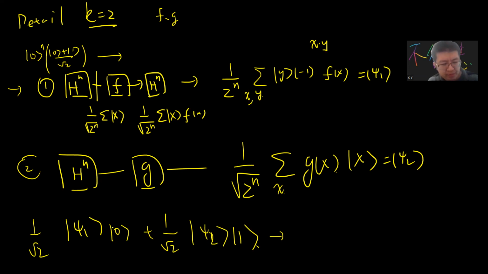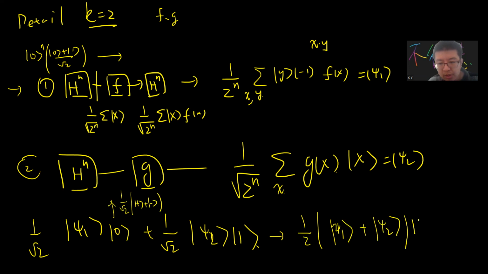So this plus is basically 1 over square root of 2, plus and then minus. So in total you get half of psi 1 plus psi 2 and then plus. Okay, and then there's a minus part, so you have psi 1 minus psi 2.